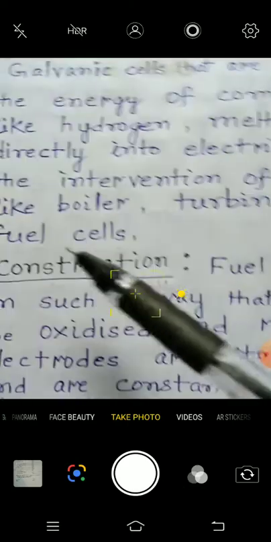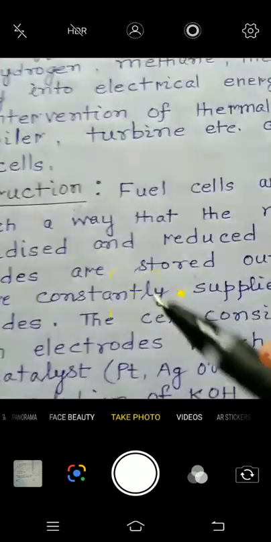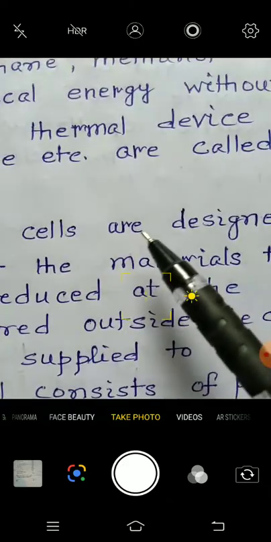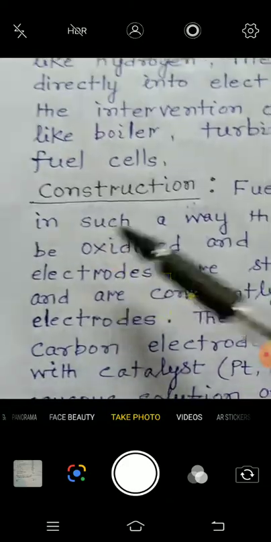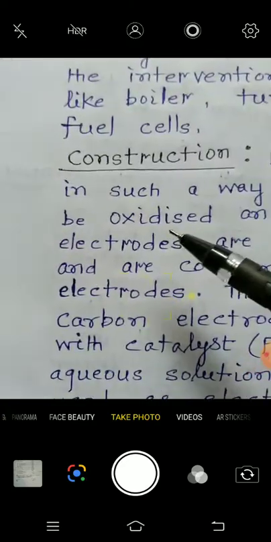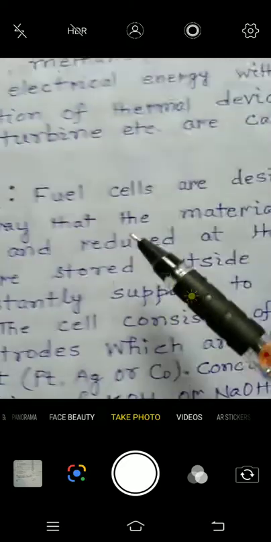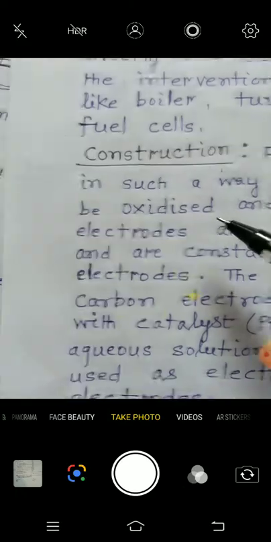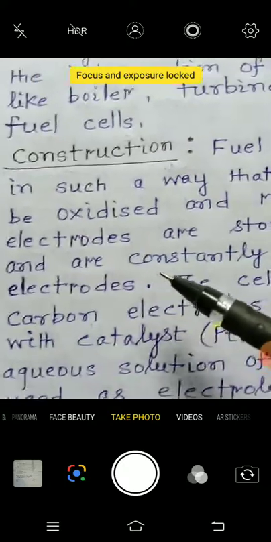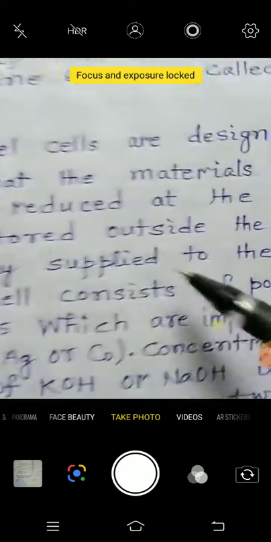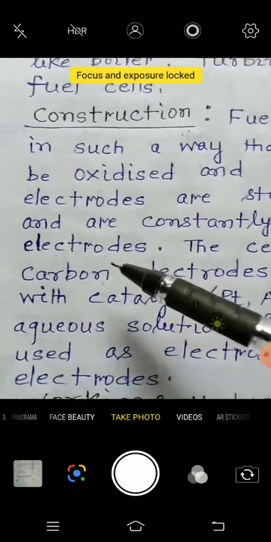are called fuel cells. Construction. Fuel cells are designed in such a way that the materials to be oxidized and reduced at the electrodes are stored outside the cell and are constantly supplied to the electrodes.